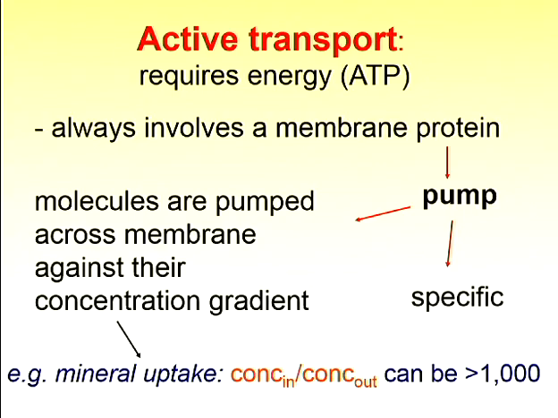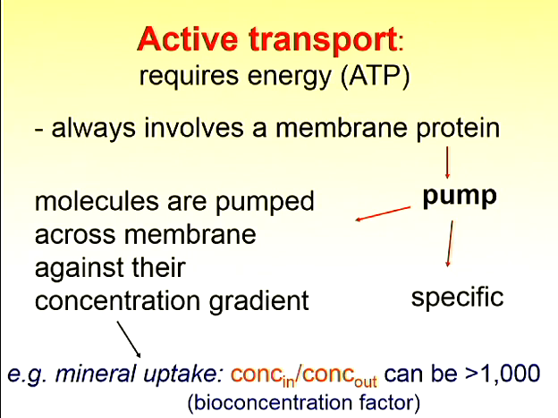And the results can be quite impressive. For instance, if you would measure the concentration of a certain element in the tissue of the plant and you compare it to the concentration in the soil, you may find a difference of 1,000-fold or more. And that's also called the bioconcentration factor, or BCF.